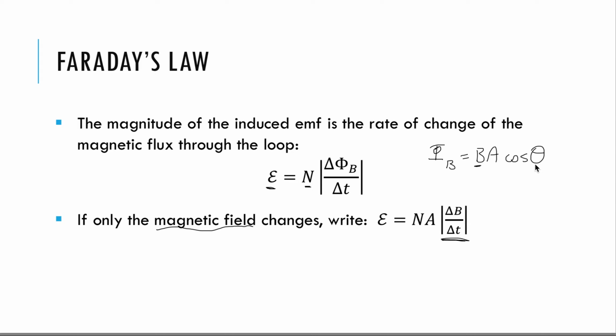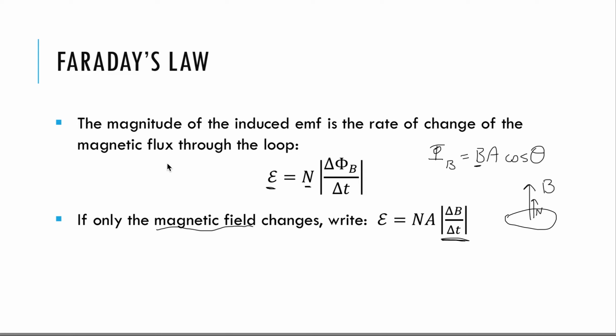And since I've removed the cosine theta term, I'm assuming that the magnetic field is perfectly perpendicular to our loop. We learned previously that if the field is perpendicular to the loop, then the angle is 0, because it's the angle between the normal to the loop and the field, so that cosine term cancels out.